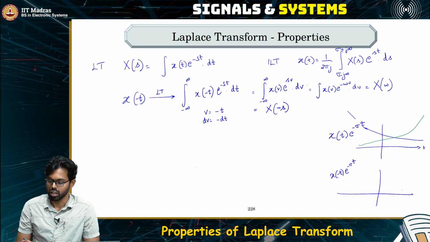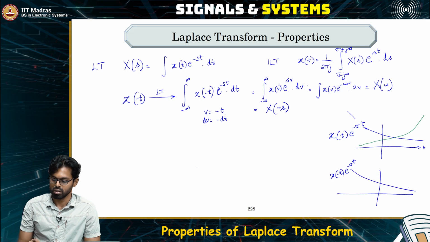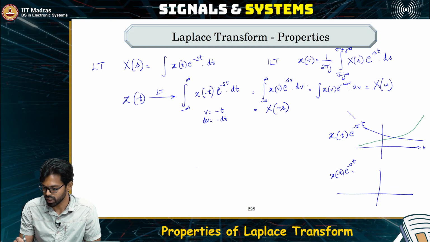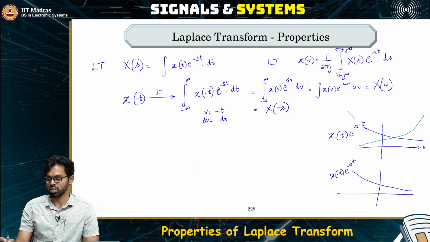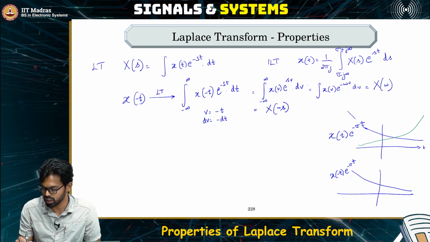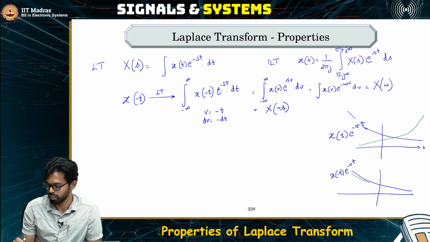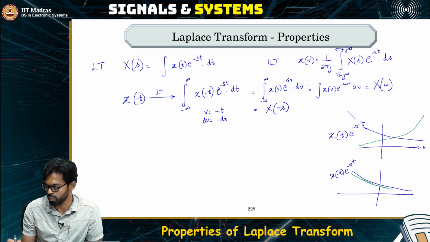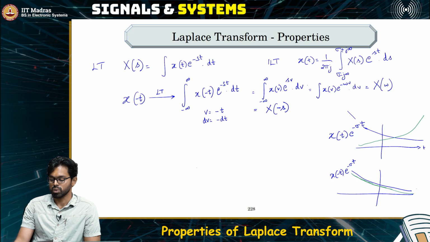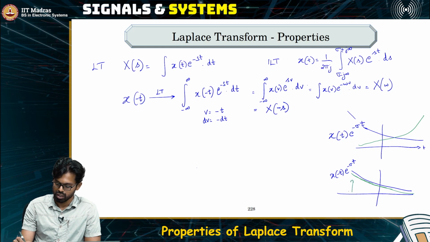Now e power minus sigma t is the same exponential which decays for positive values of time and grows for negative values of time. But x of minus t starts becoming a growing signal for negative values of time and a decaying signal for positive values of time. So if we multiply these two and look at their absolute value, it's not going to be absolutely integrable anymore because in this region, it's going to grow unbounded.